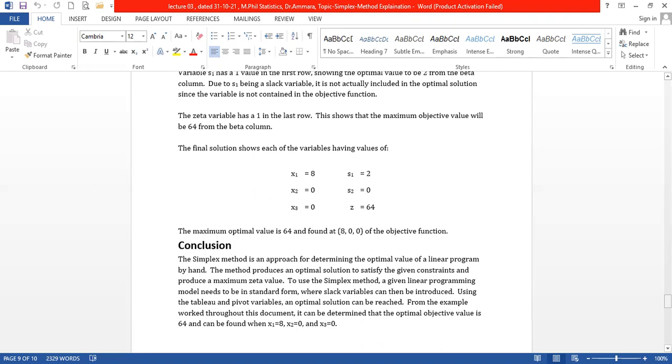To use the simplex method, a given linear programming model needs to be in standard form, where slack variables can then be introduced, using the table and pivotal variables. An optimal solution can be reached, as we have seen in the example.